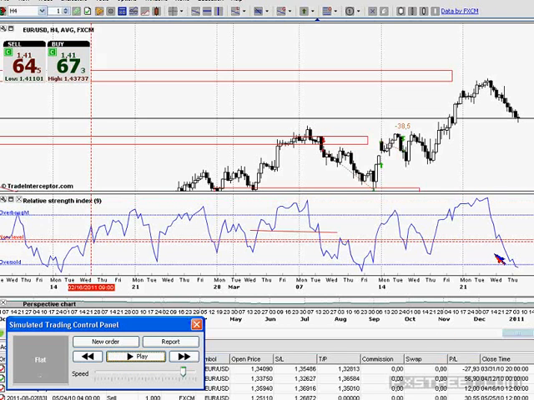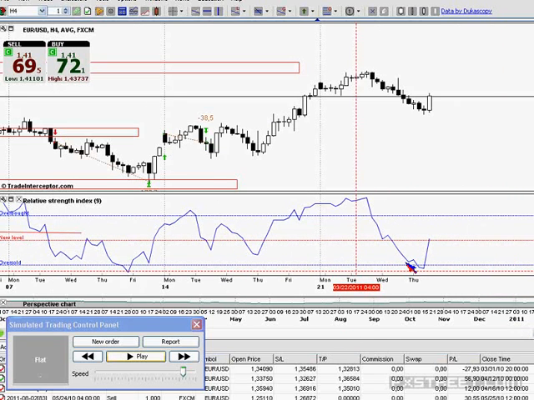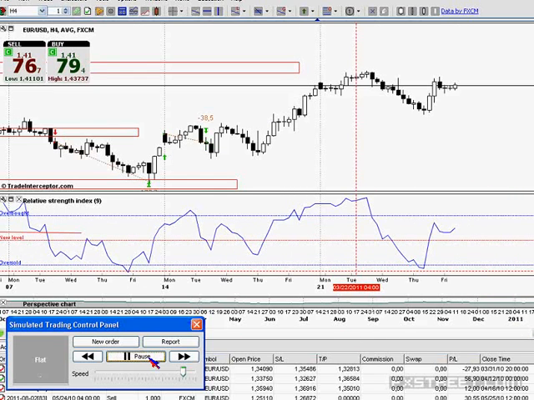So we may see these violent moves from overbought to oversold, but it has absolutely no meaning here, since we are not trading against the trend with an overbought or oversold type of signal. Still reacting to that level.